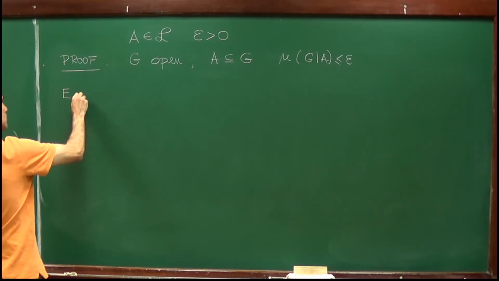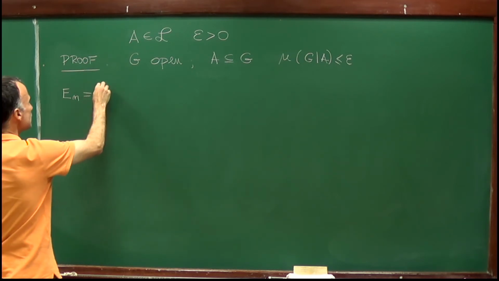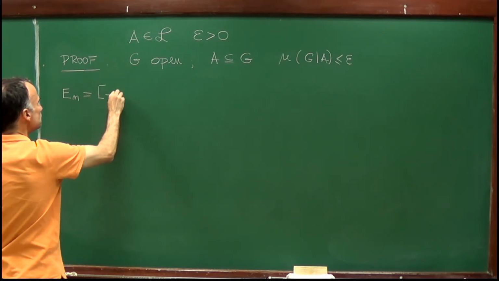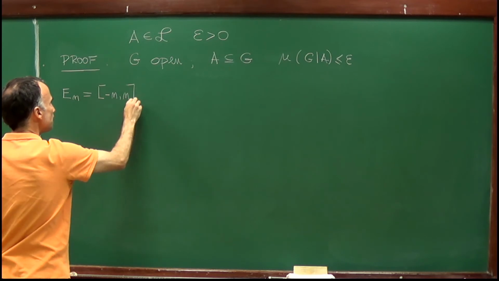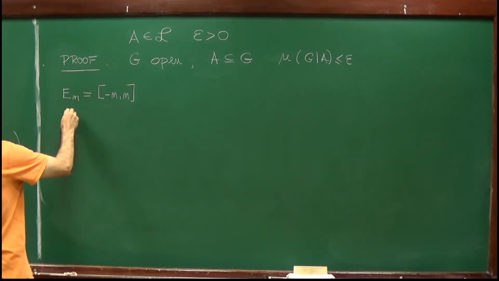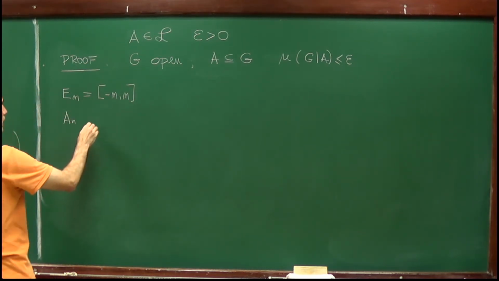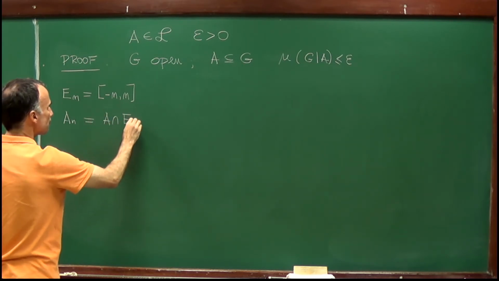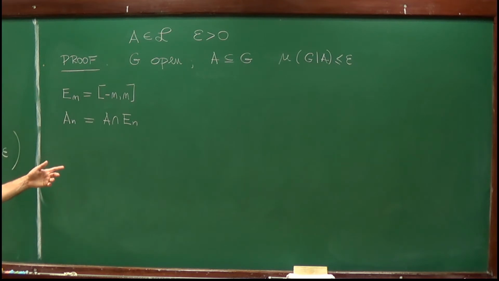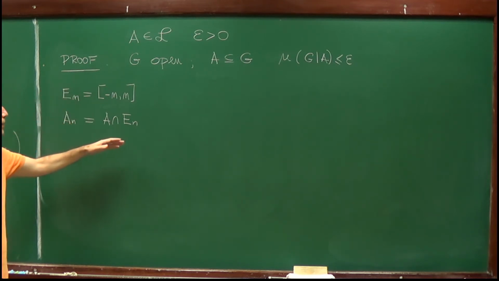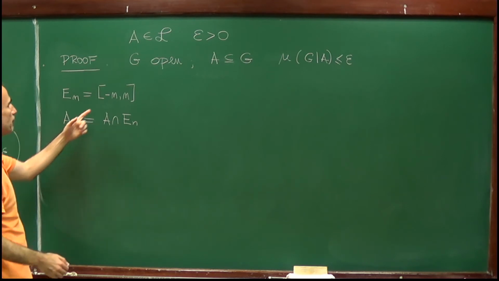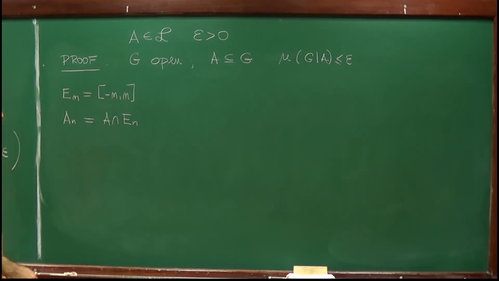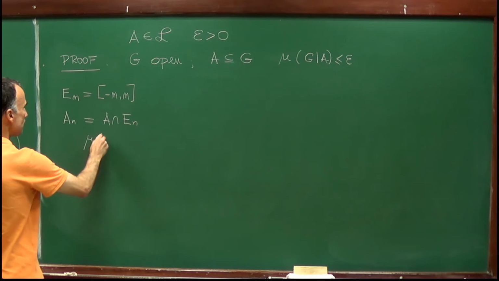Let's represent by E_n the interval minus n, n, and let's denote by A_n the set A intersection E_n. So A_n is clearly an element of the Lebesgue sigma algebra, and now mu of A_n is bounded by 2n, so mu of A_n is finite.